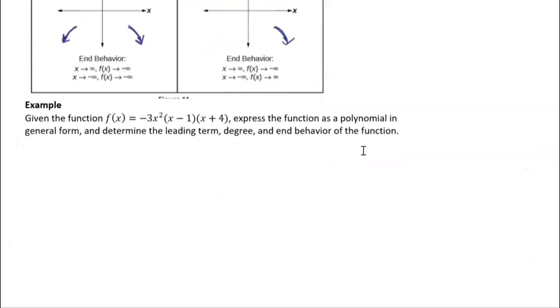All right, let's look at an example here. I'm given this function. It's a polynomial function, and it's in factored form. I'm first going to express this in general form. Then I'm going to determine the lead term, the degree, and then the end behavior. I'm going to rewrite it.